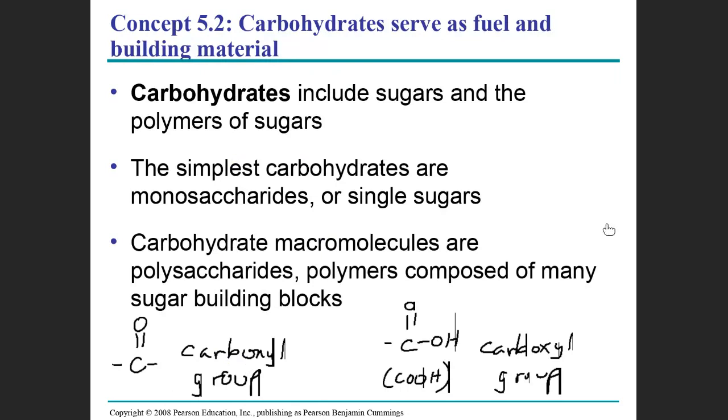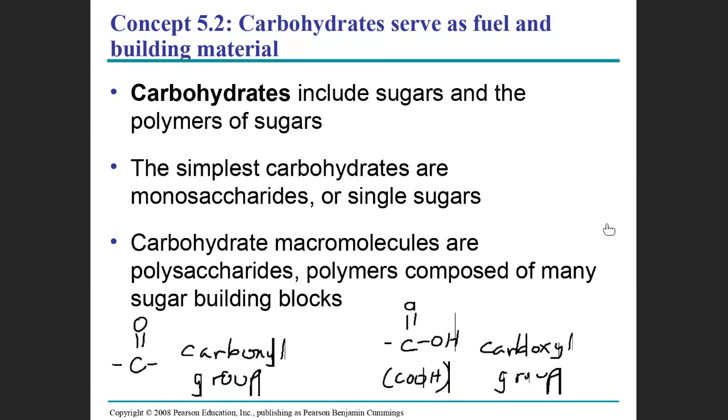The carbohydrates are energy sources, and we're going to learn a lot about aerobic cell respiration and some other forms of respiration later on. But carbohydrates are the primary fuel source, or the primary food source. So cells can build carbohydrates, and they can also break them down. The simplest carbohydrates are the monosaccharides.